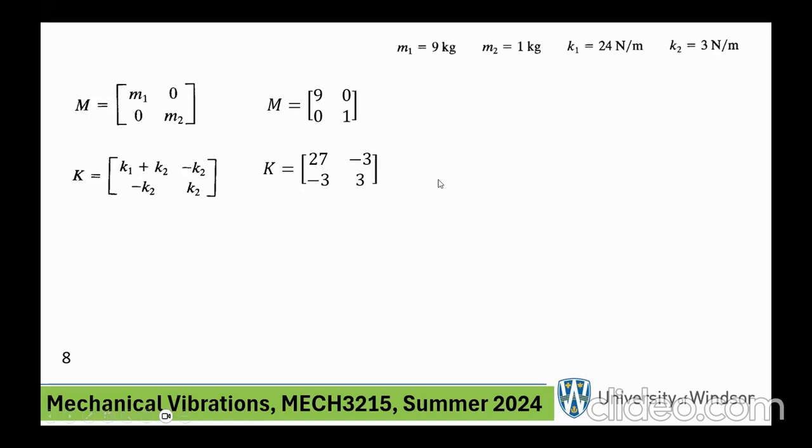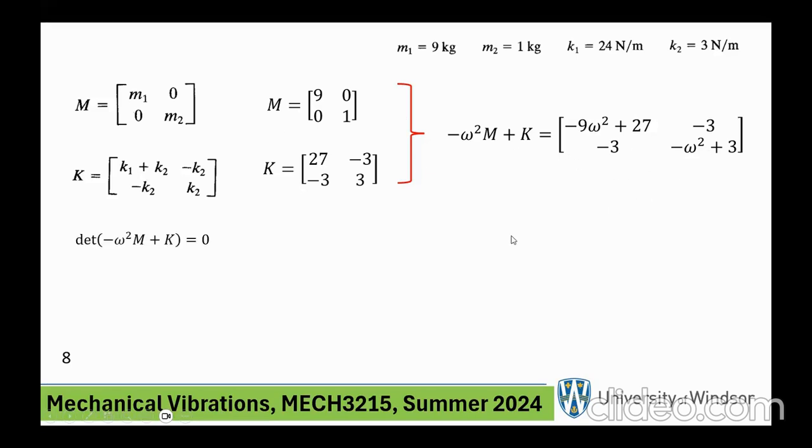And now we find the natural frequencies. And how did we find the natural frequencies? Determinant of minus omega squared M plus K equal to 0. It's this. Just work it out. And the determinant of this thing equal to 0.